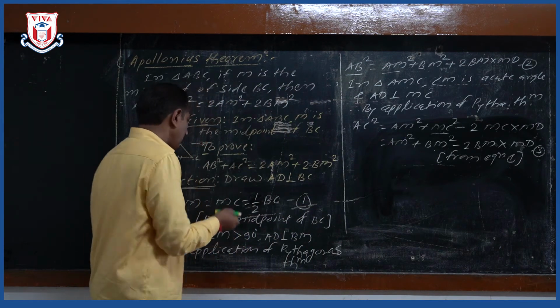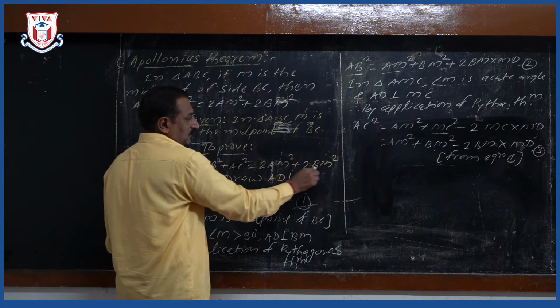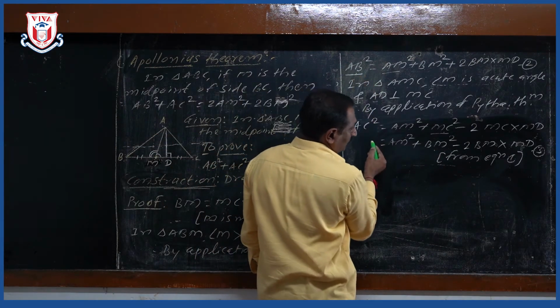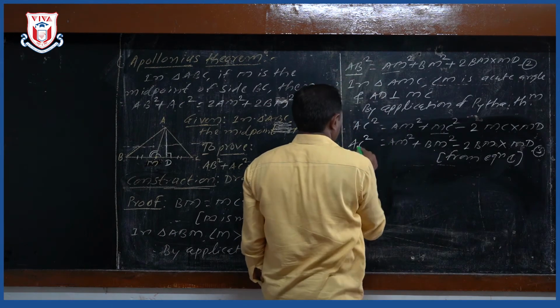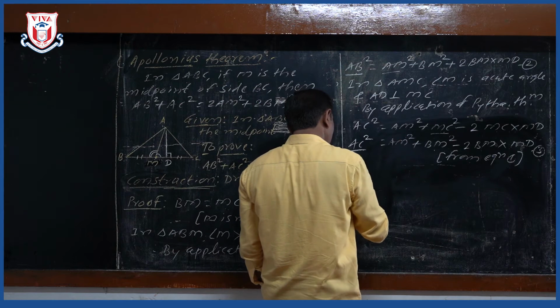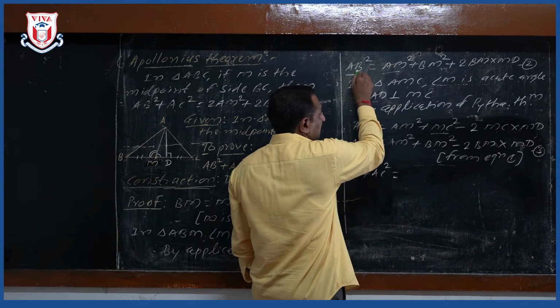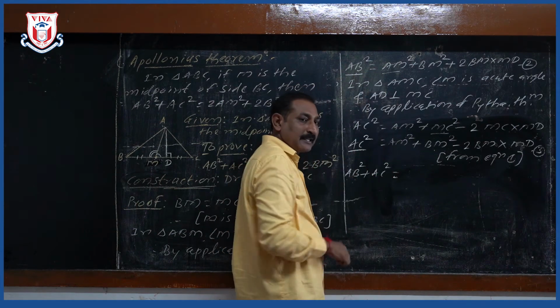Now what to prove here? AB square plus AC square is equal to 2AM square plus 2BM square. If you add equations 2 and 3, the LHS is AB square plus AC square.